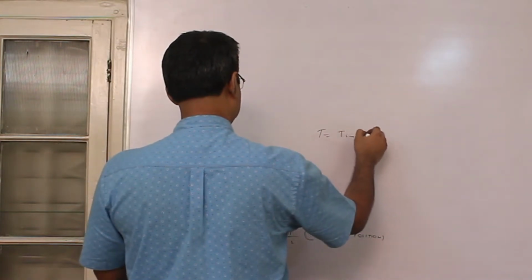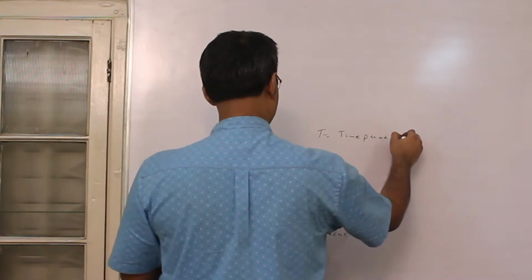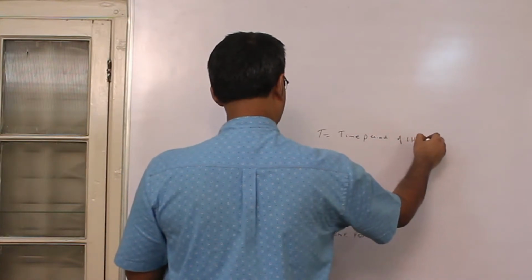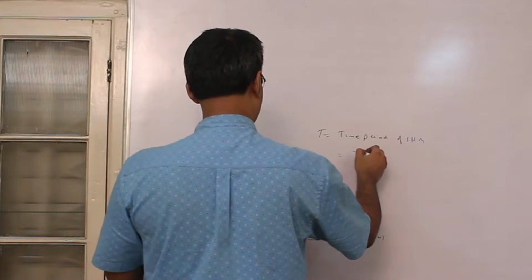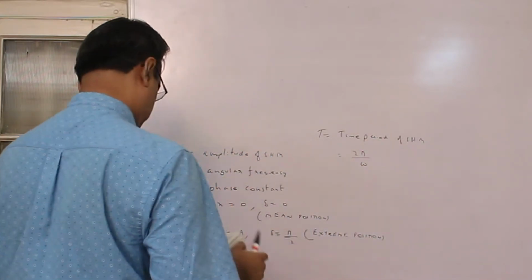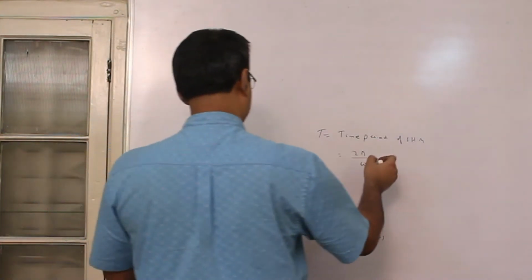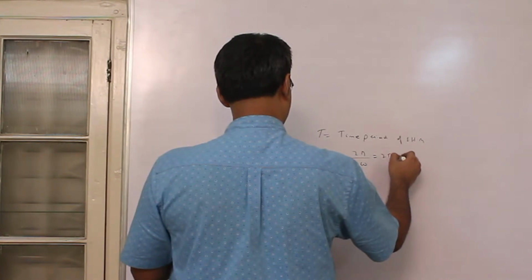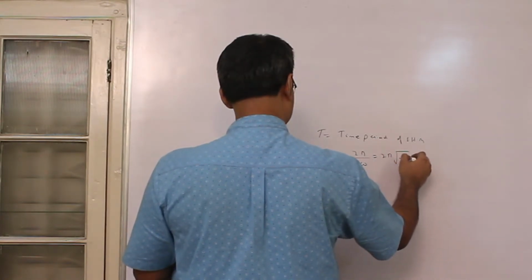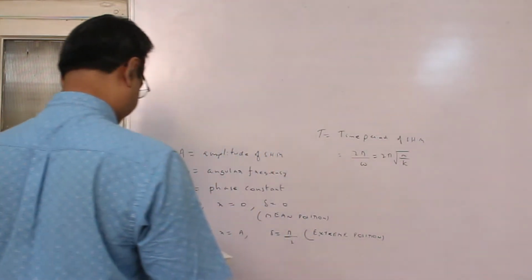T is the time period of simple harmonic motion, and the value of T is 2 pi by omega. So the time period of simple harmonic motion is 2 pi by omega, which can also be written as 2 pi into root m by k.